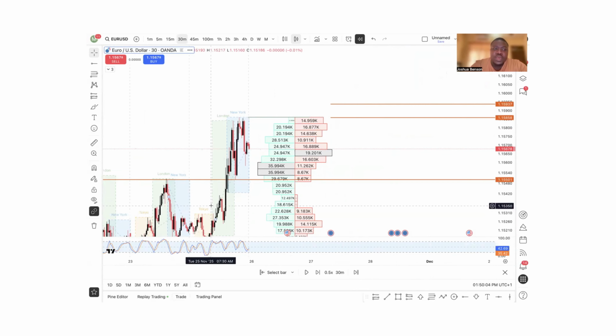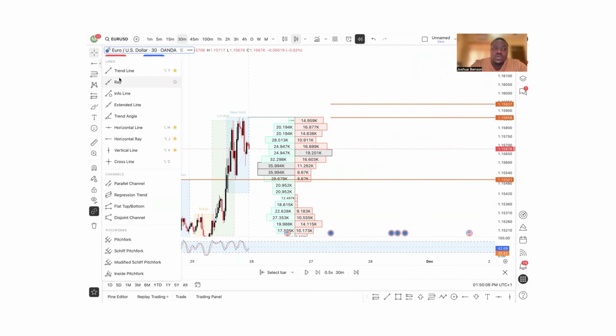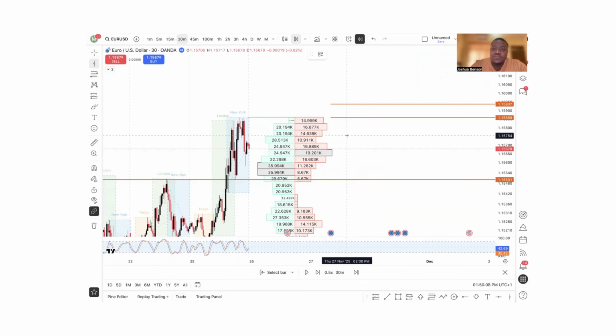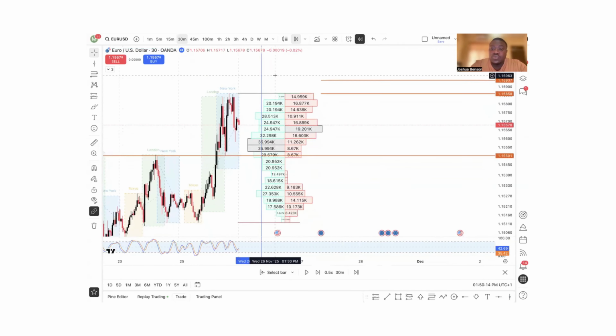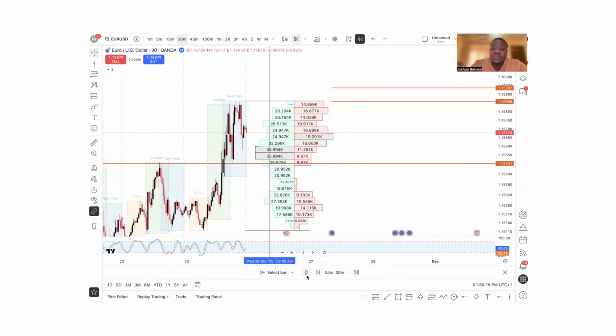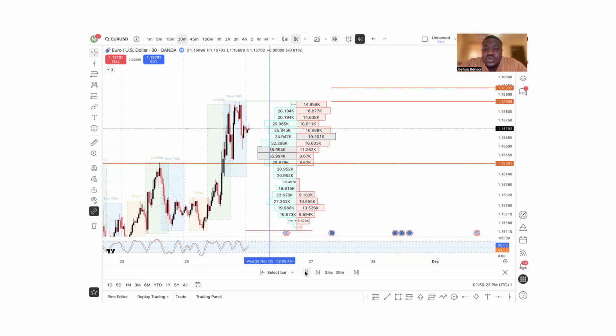London session starts at 8, so I'm going to pick my vertical line and mark up 8 o'clock, because it's 8 o'clock that we want to trade. We just have to wait for the candles to get to 8 o'clock, and then we can trade in the direction that we're seeing with the higher time frame direction.